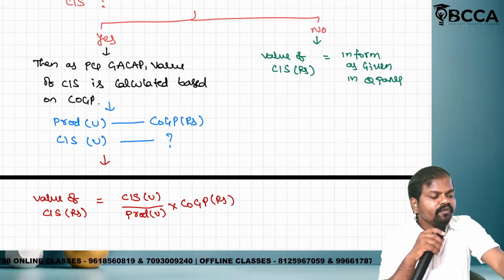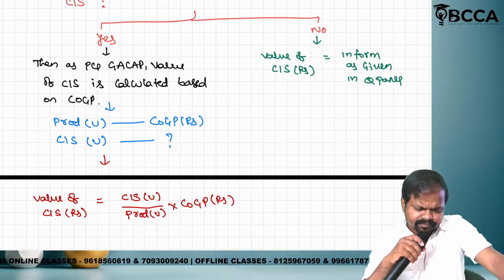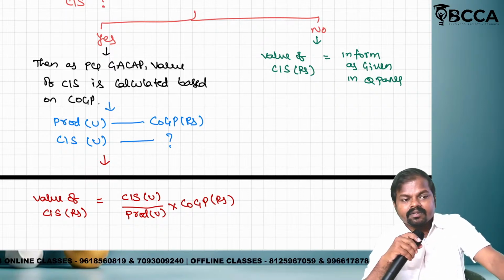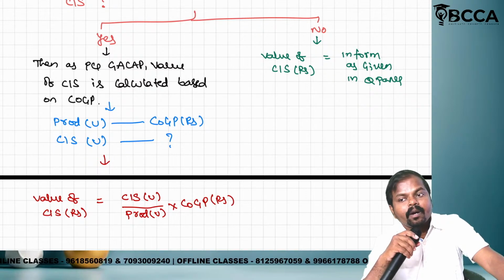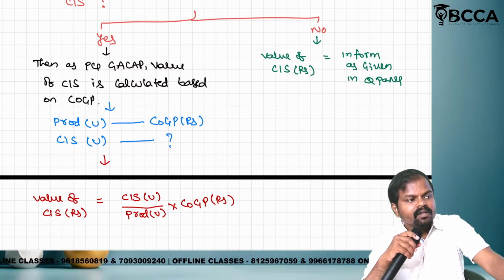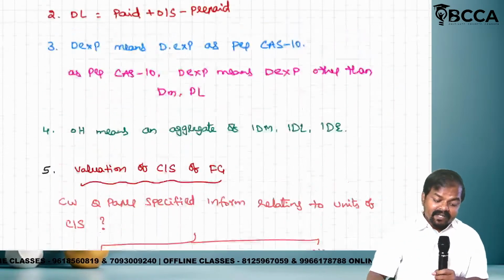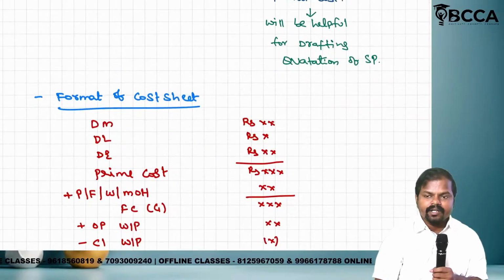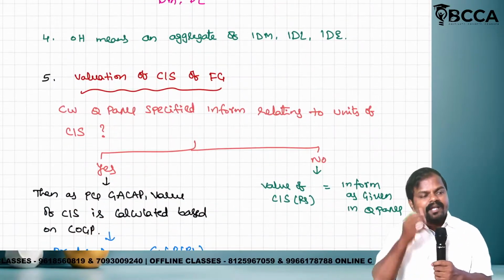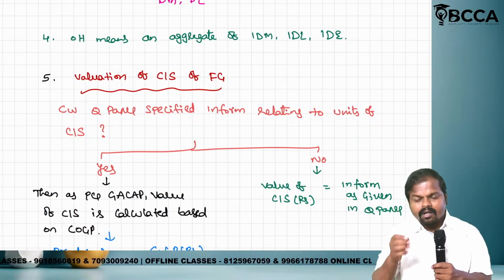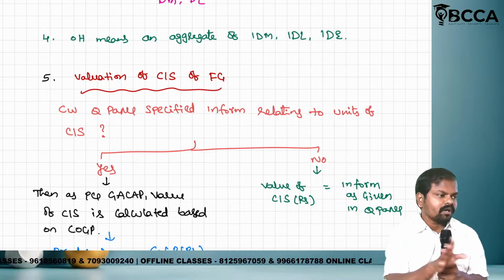Before winding up today's class, again I am telling you, please read costing regularly. Otherwise, costing will look like a complicated subject. Number 2, before coming to tomorrow's class, please revise the format of the cost sheet as well as the important points relating to cost sheet. Then we will solve the problems relating to cost sheet.